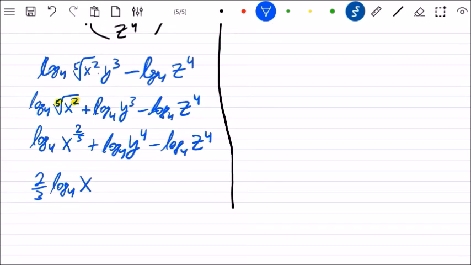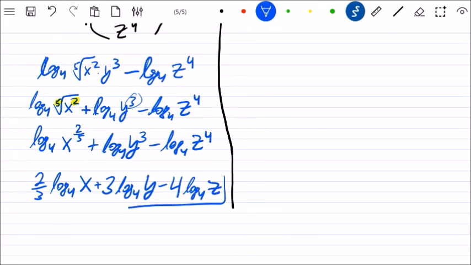Log base 4 of x plus, oh, I apologize. For some reason I wrote a 4 there, and I don't know why. It's supposed to be a 3 from that. So that means it's 3 log base 4 of y minus, now this 4 looks correct here, 4 log base 4 of z.